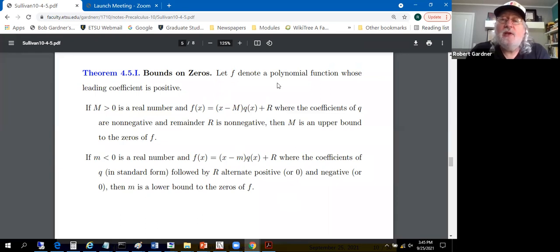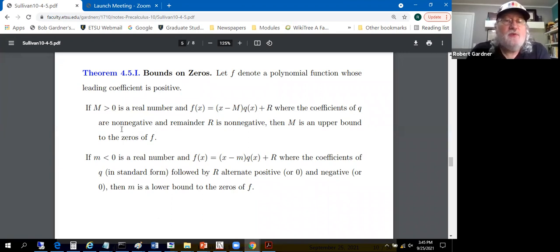The statement is, let f denote a polynomial function whose leading coefficient is positive. If capital M greater than 0 is a real number and f of x equals (x minus capital M) times q of x plus r, where r is a constant, such r exists by the division algorithm for polynomials. We're dividing f by this first degree polynomial, so we get a 0 degree polynomial, a constant, as the remainder.